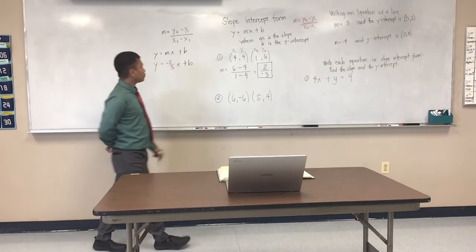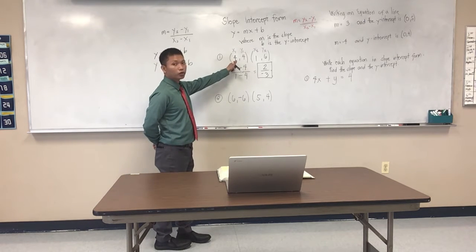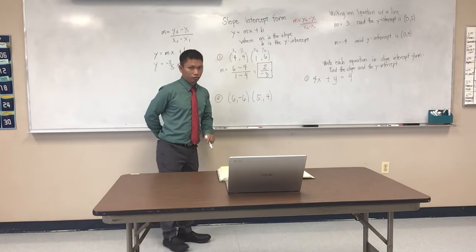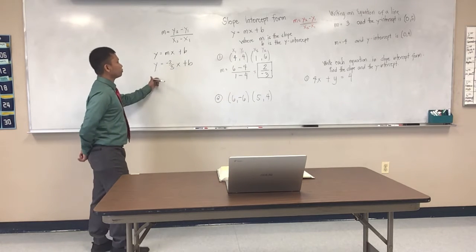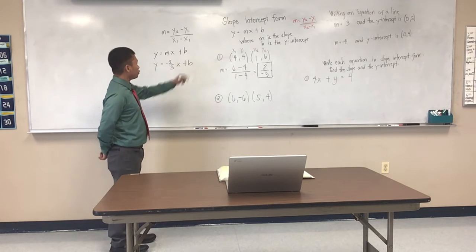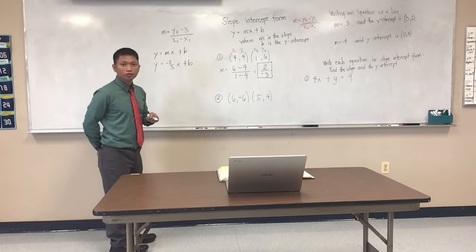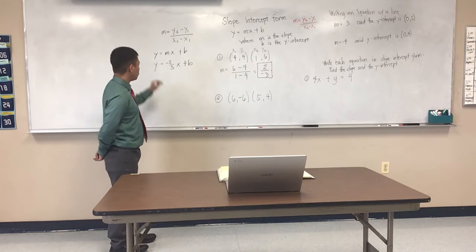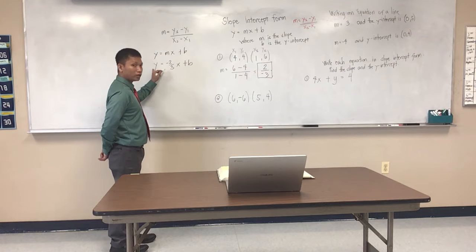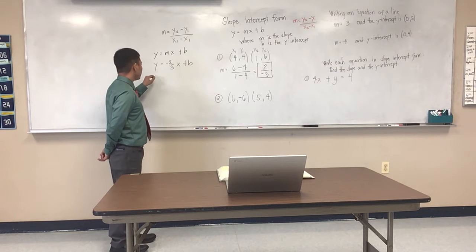Okay, so we are going to use here 4, 4. So 4 for our x, we just need to substitute. X is 4 and y is also 4. So we just replace this with 4.